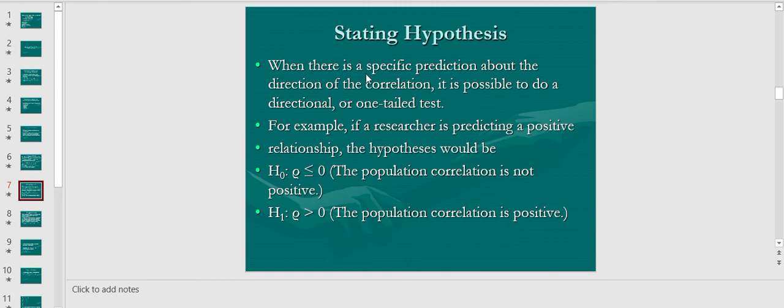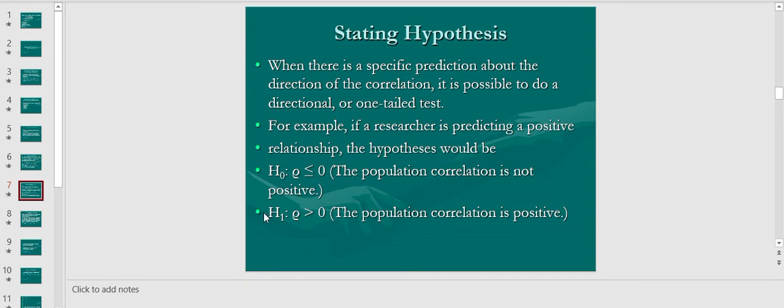If there is a specific prediction about the direction of the correlation, then we form a directional hypothesis, and the test will be a one-tailed test. For example, if the researcher is predicting a positive relationship, then H naught would be rho is less than or equal to 0, which means the population correlation is not positive.